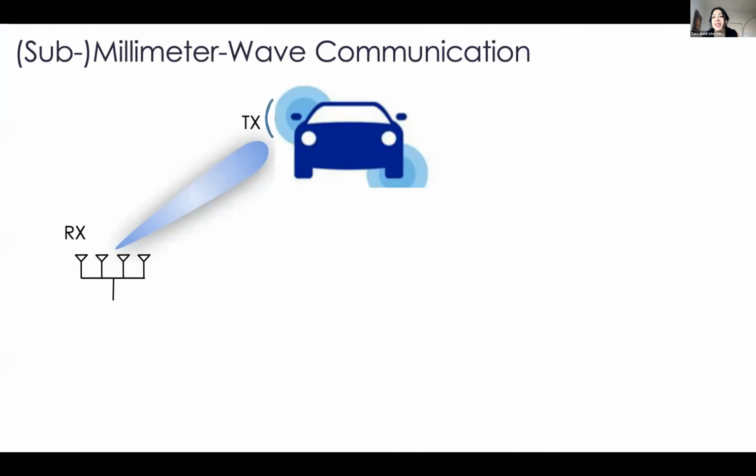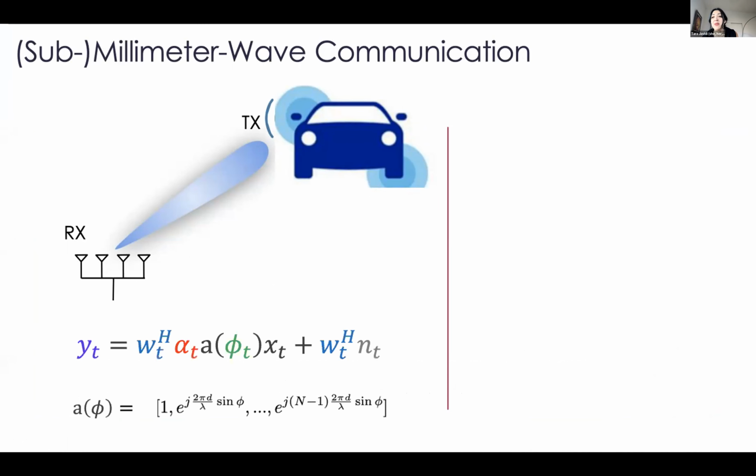I just like to set the ground because I come to this problem from a rather information theoretic and a caricature view of the problem. So I'm considering a very simplistic setup of a 1D phased array of a sort.